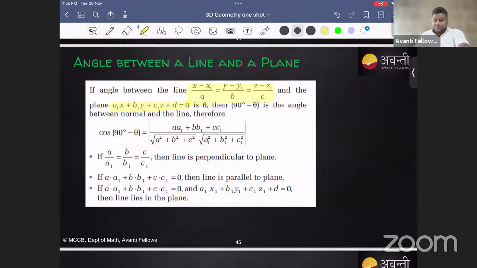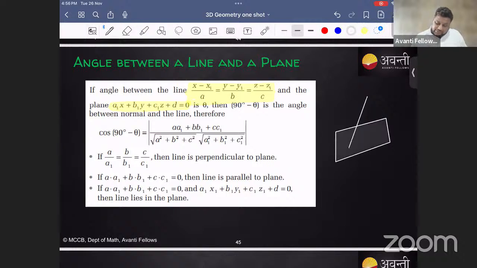Now see, if this is a plane and there is a line, somehow if they are saying angle between this line and the plane is theta, that means angle between normal of the plane and the line is going to be 90 minus theta.